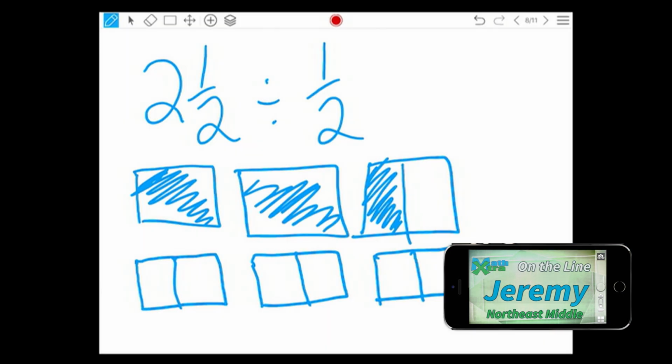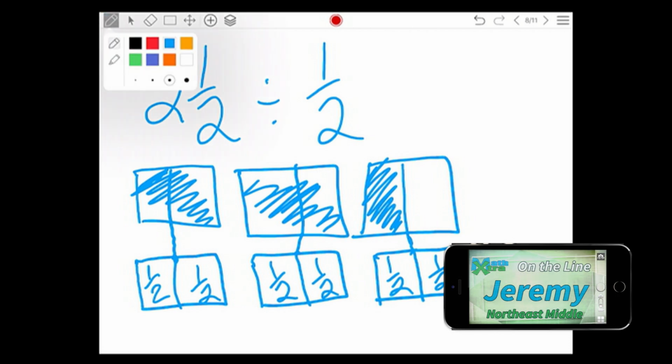The question is, how many halves are in 2 1/2? So Jeremy, are you there? Yes, ma'am. Okay. So this counts for a half, this is a half, this is a half, and so is this. At this point, we just need to figure out how many halves are in 2 1/2.